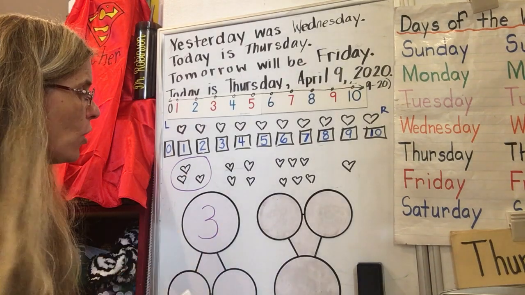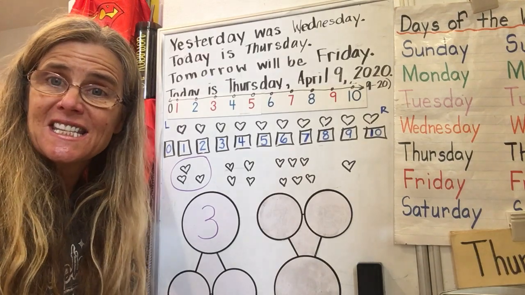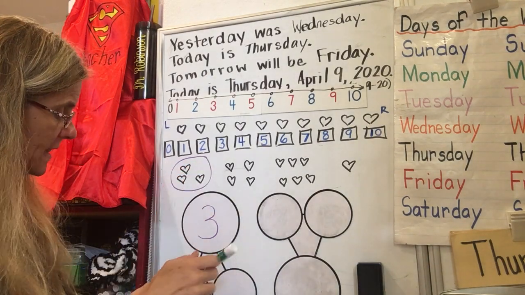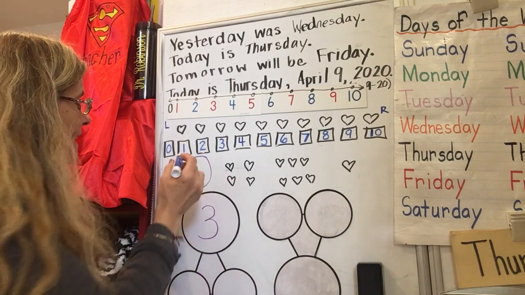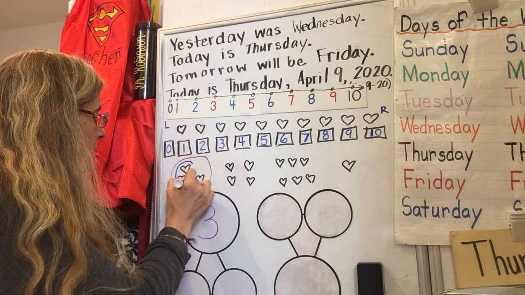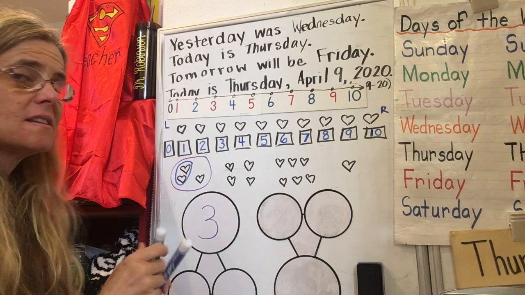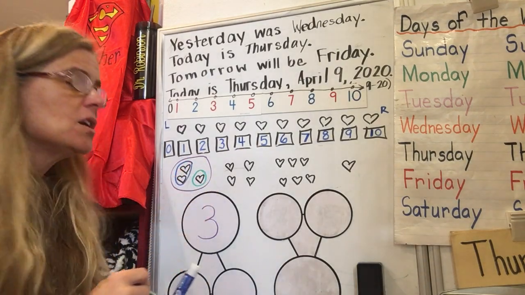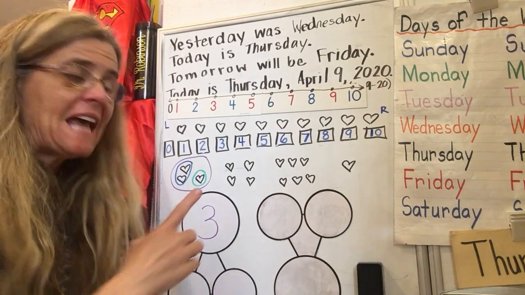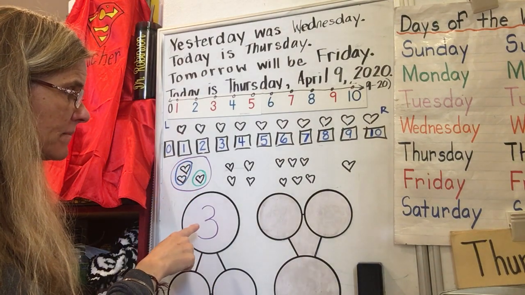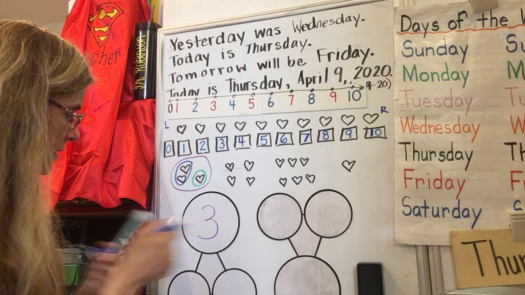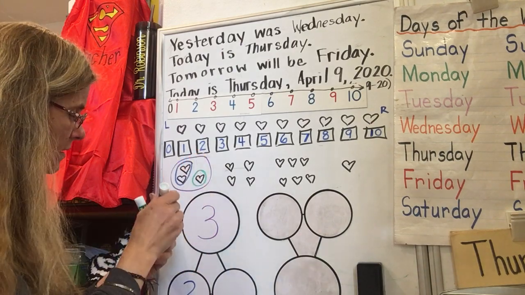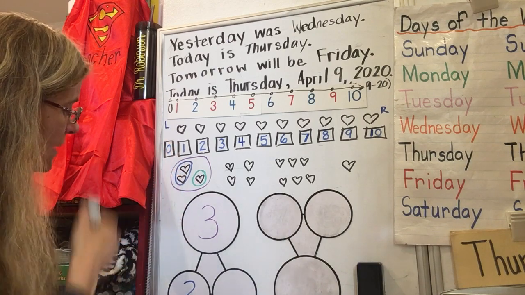So I see 3 total. But how do I see 3? There's some space in between these. So I see 3 as 2 hearts and one more. So how I can break down my bond, how I see 3 is 2, and one more.